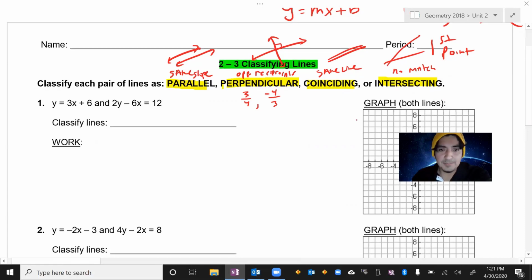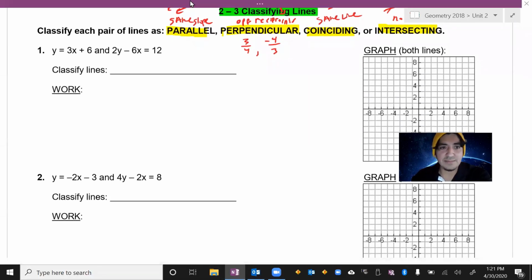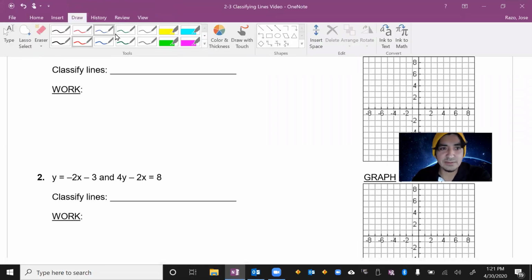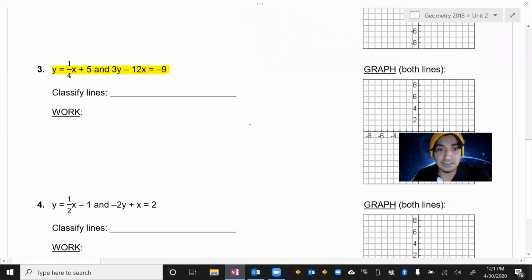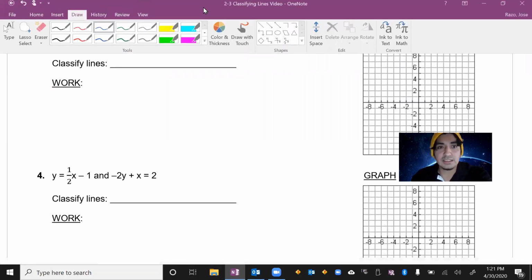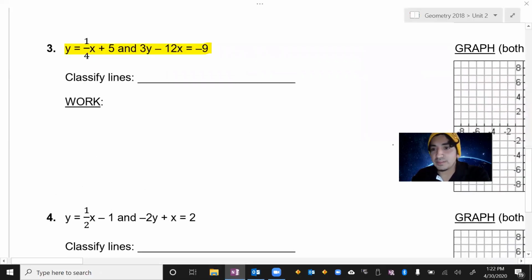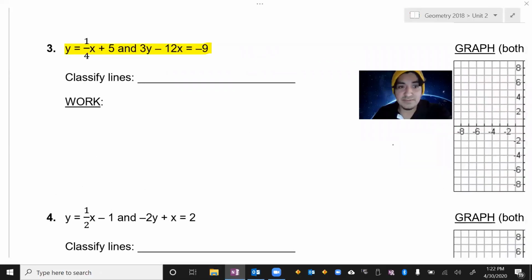Now for the first one, we need to identify what it could be. So we're going to work on number 1 down here. Oh, look at that, 1/4. I'm going to identify what this one is. I know the slope of my first line is 1/4, and I know that my b is +5.